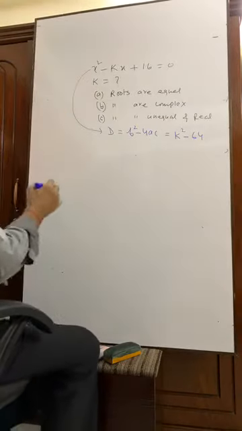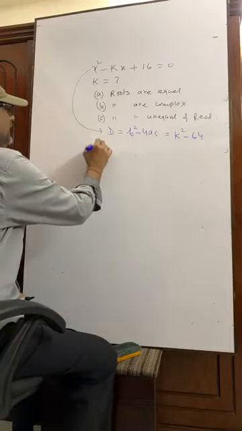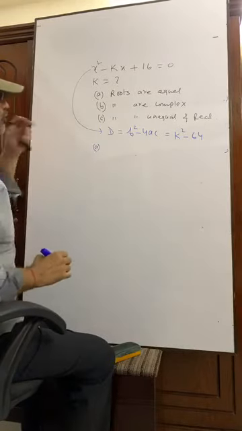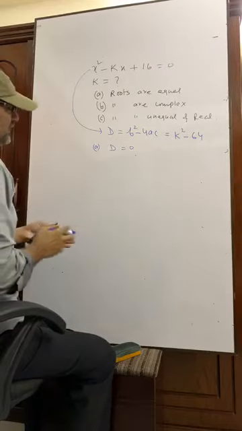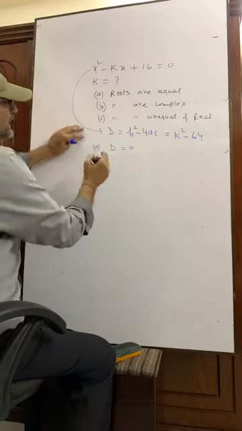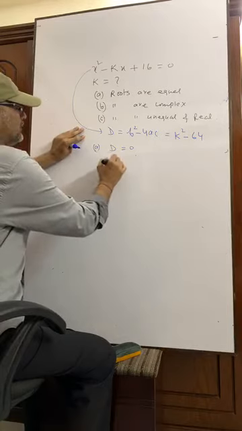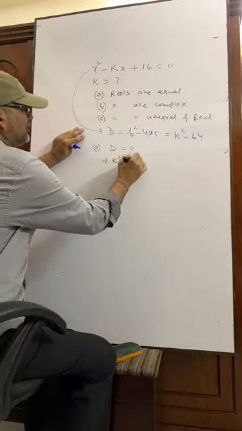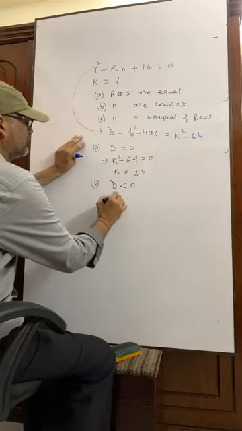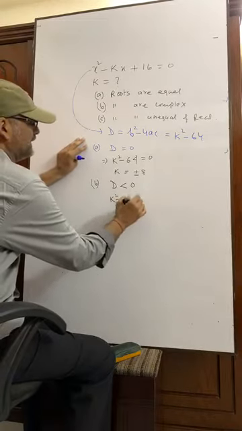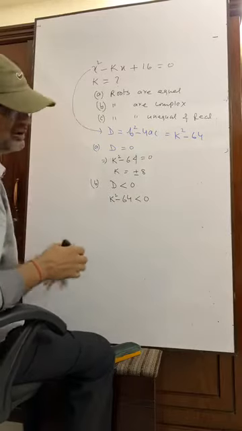Now question number A. Roots are equal. What is meant by this? Roots are equal means D equals to 0. That means k square minus 64 equals 0. Now what is the value of k?